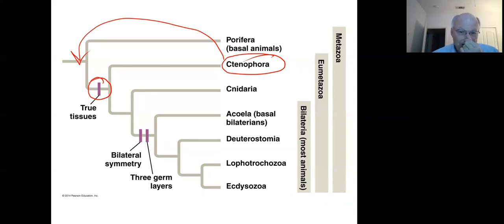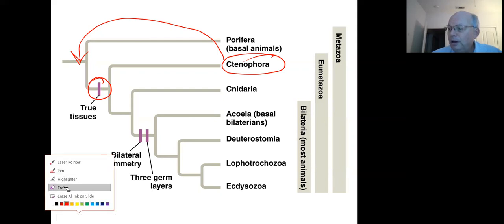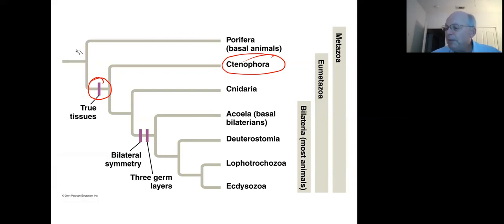So the chances are really good that when further DNA sequence data is collected, there will be no indication that the ctenophorans are more basal than the sponges, and they will be restored back to this position amongst the eumetazoa, animals containing true tissues.